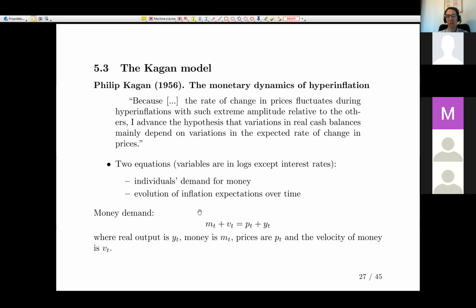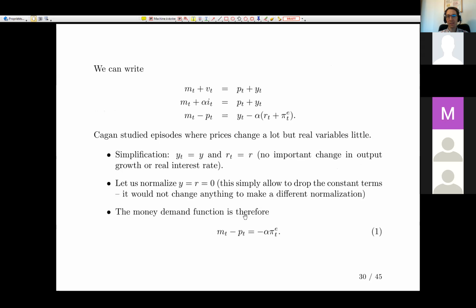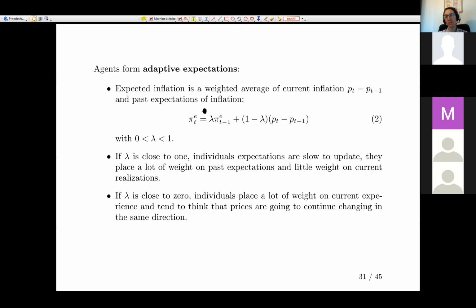This is the equation that describes money demand, or the equation of exchange. And this is how expectations are formed. So use these blocks to infer how such a variable is going to change from one period to the next, a bit like what I did in the previous exam.